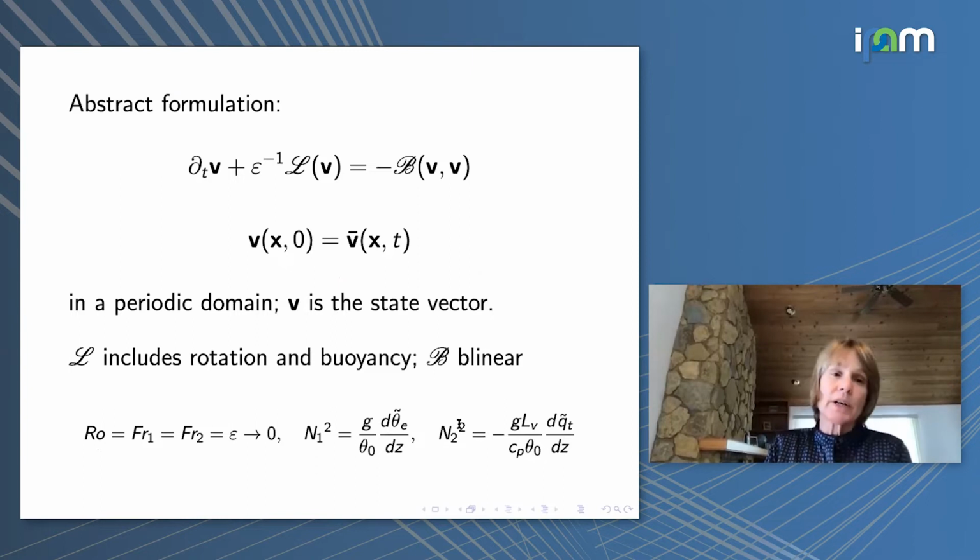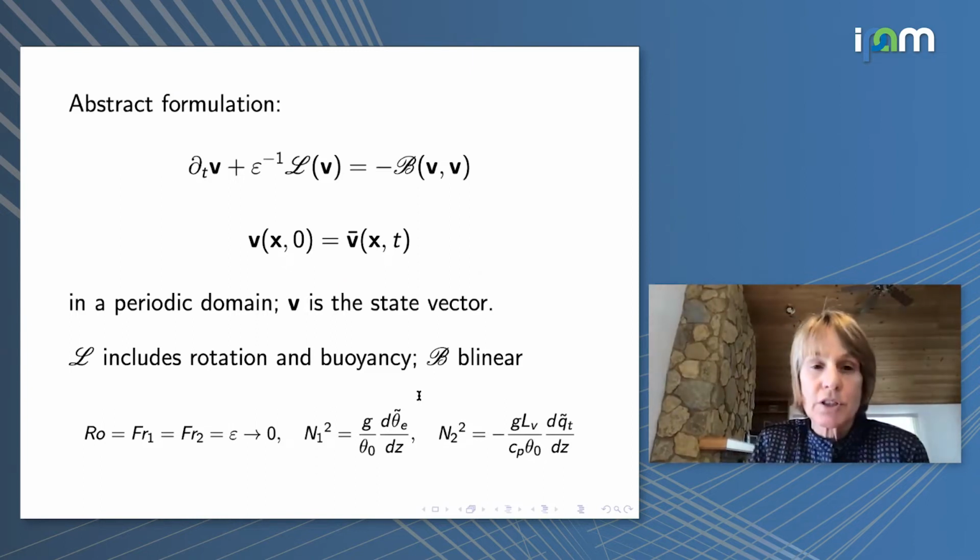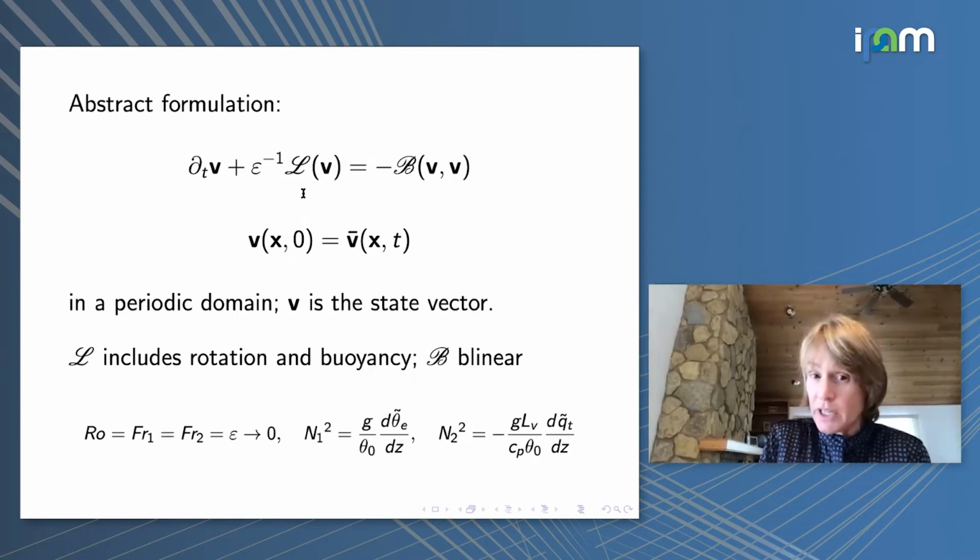And we could also write it in abstract formulation in terms of the state vector, this bold V, which includes the three components of velocity, the equivalent potential temperature, and the total water. And in terms of these operators, L here is the operator that includes rotation and buoyancy. And we're going to be considering strong rotation and strongly stable stratification.